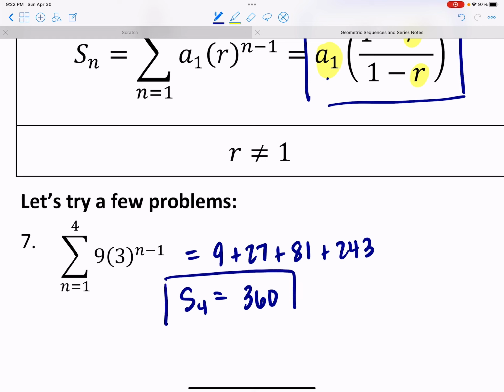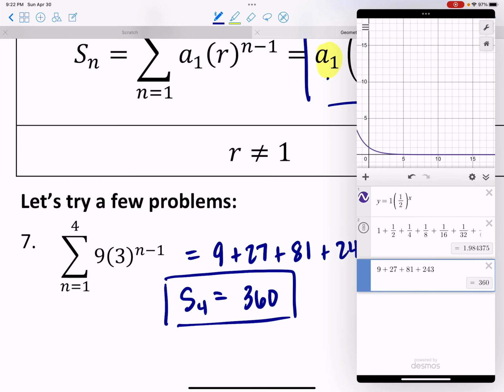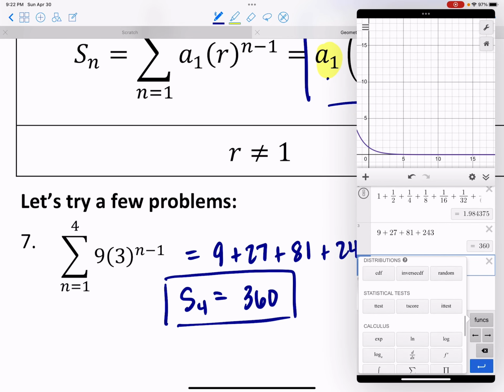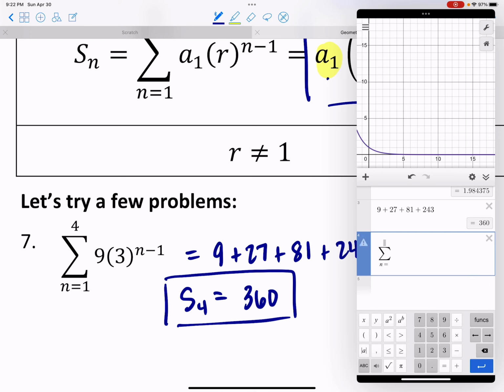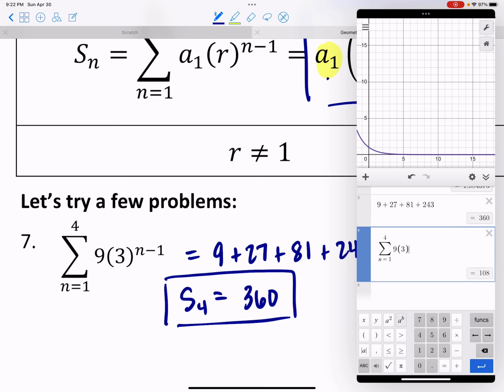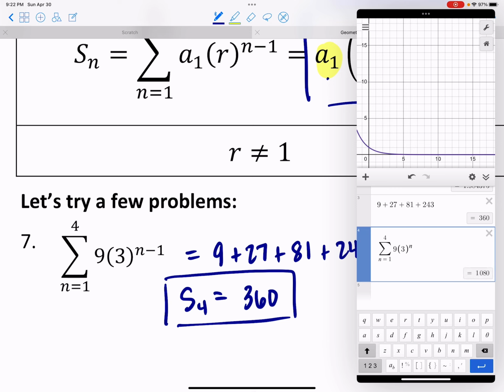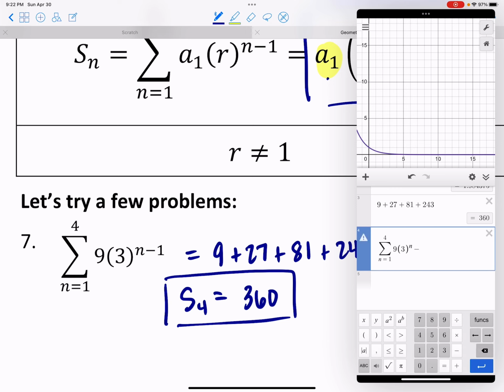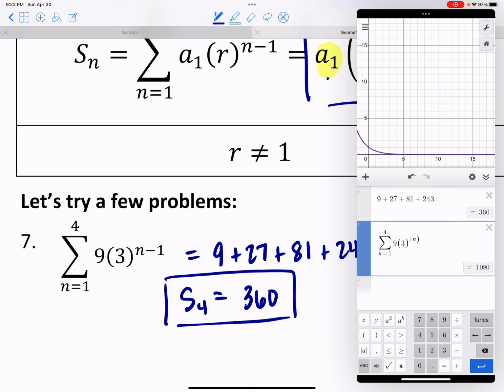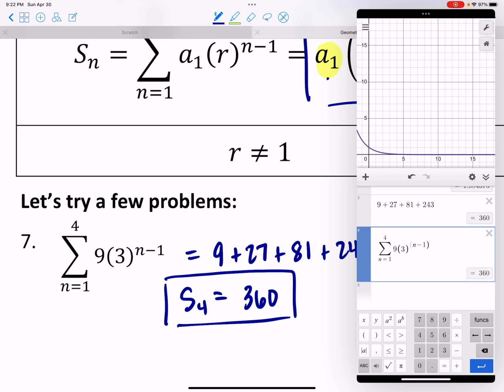Okay. Now also remember, you have sigma notation in your calculator, not for your quiz, but while you're working, if you want to verify what you're doing, going from the first to fourth terms, and we've got 9 times 3 to the n. I need an n to make this match. Minus, whoops, I gotta make sure my -1 stays up here in the exponent, so I'm gonna put it in parentheses. I don't know if you noticed, let me just do that again.